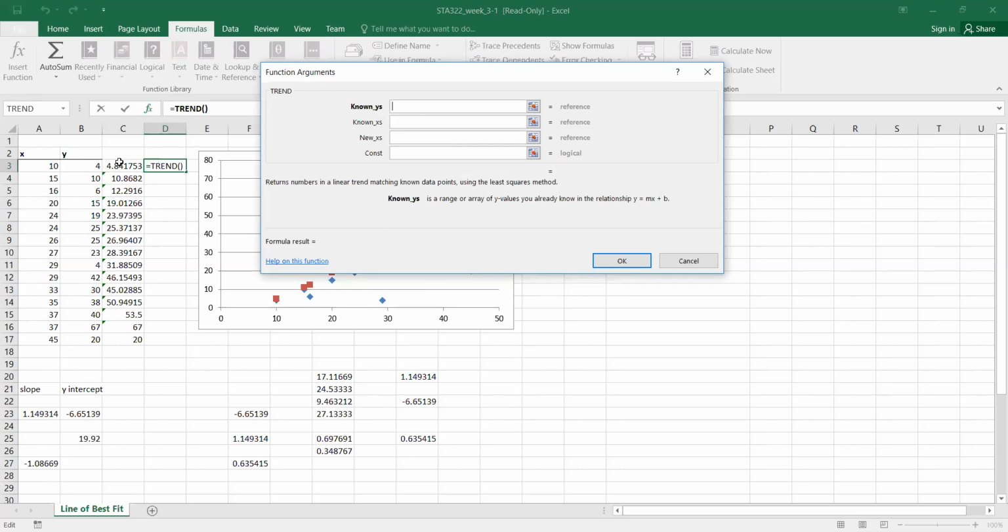Okay. So we've got known Ys, and we've got known X's, and let's put in some new Ys, or new X's. Okay. Good enough. All of which have zeros now.